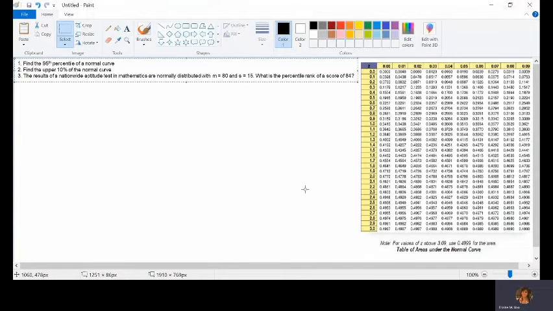Example number 1, let's find the 95th percentile of a normal curve. So, by definition of 95th percentile, this means located in an area before or below the point. We want to know what the z value is at this point. So, this will be our steps in locating the 95th percentile of a normal curve.